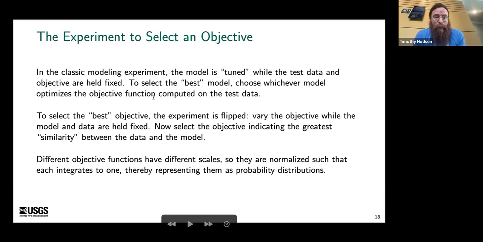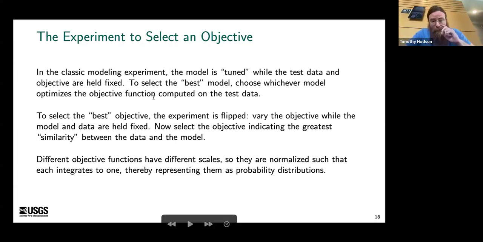The basic experiment it lays out is the experiment of how we select an objective function. The classic scientific setup: we have a model, and we're going to tune that model with some test data, and we'll tune those same parameters in the model to optimize that objective computed over our test data set. Now, to select the best objective, it's more or less the same experiment. We're just going to flip the variable.